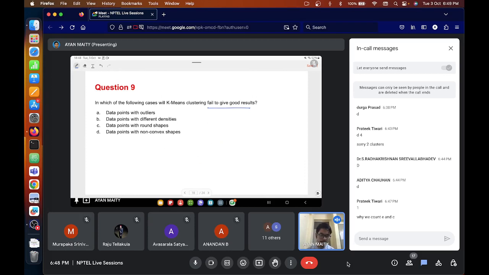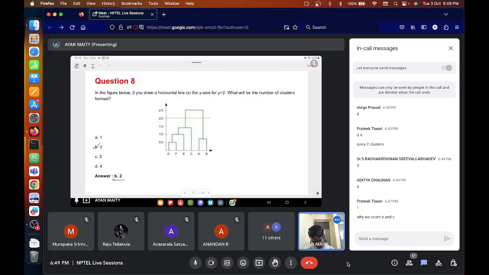Pratik Tiwari asks why we count E and C. Pratik, are you asking about this line or the second line that I drew? The second line, for 0.5. Yes, so at this line only two merges have taken place.